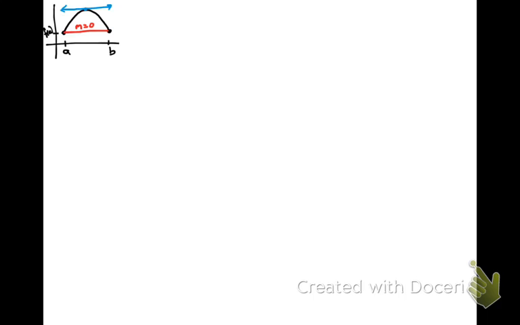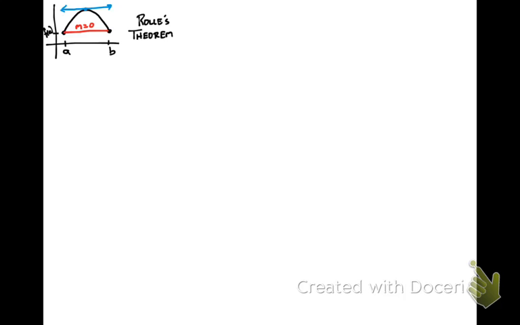Now this specific application of the mean value theorem is called Rolle's theorem. And really, it's important that you just recognize that this is just a specific application of the mean value theorem.